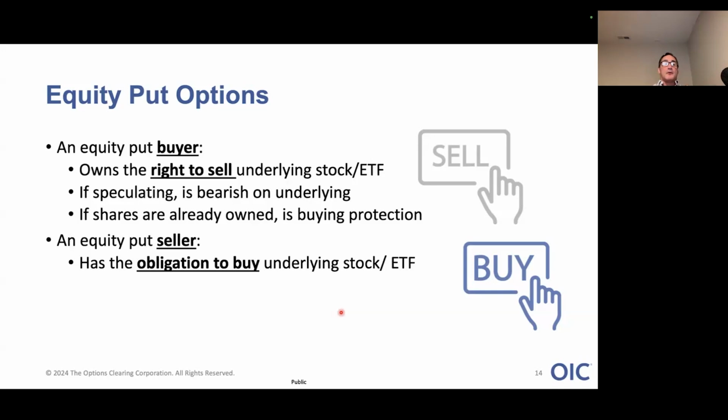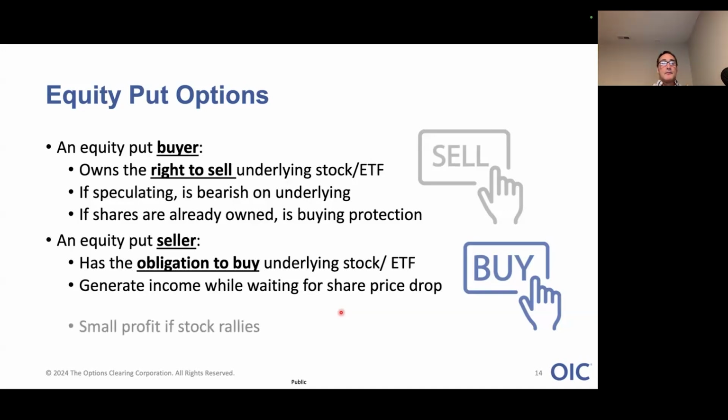But an equity put seller is taking on the obligation to buy those shares should the long holder decide to exercise. Once again, selling puts naked is always kind of risky, but it's a way to generate income while you're waiting for share prices to drop. If the stock rallies and you're short puts, those puts would just expire worthless and you would keep 100% of the premium that you sold those options for.